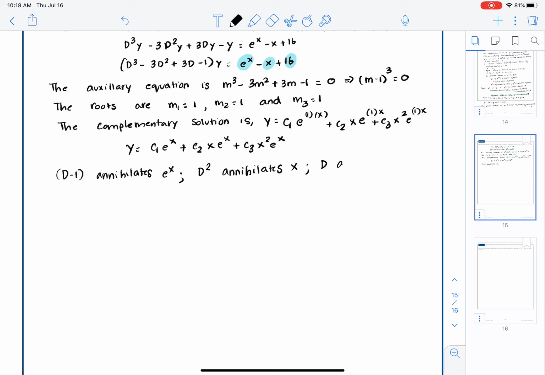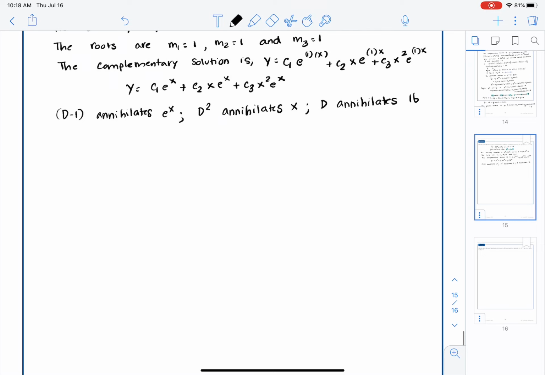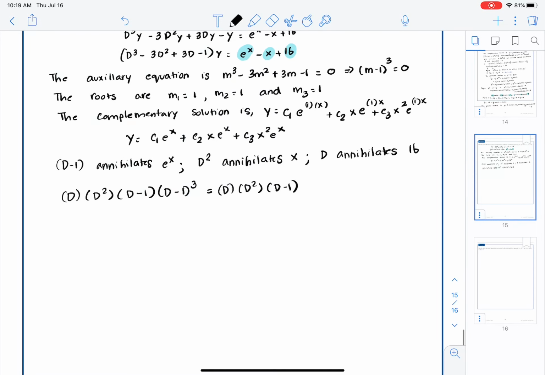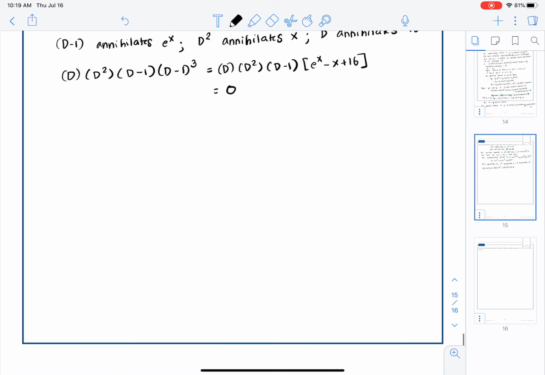And D annihilates 16. So we multiply both sides. We already have D minus 1 cubed, so we multiply it by D times D squared times D minus 1 on both sides, which would make the right-hand side 0.